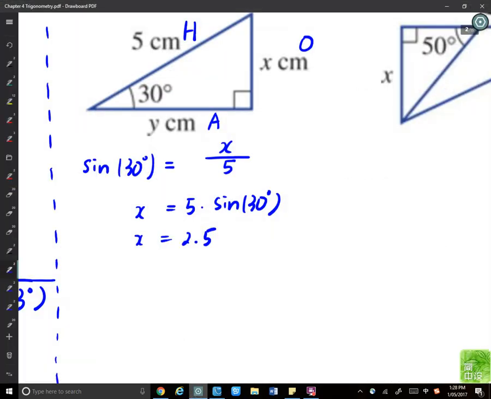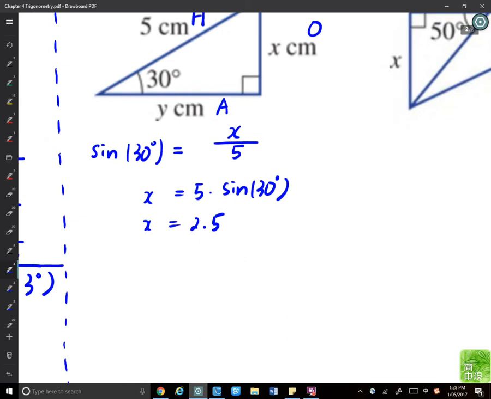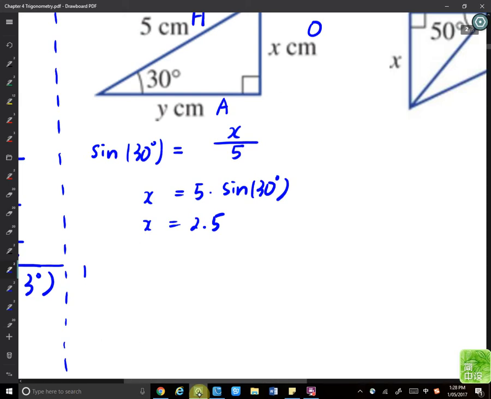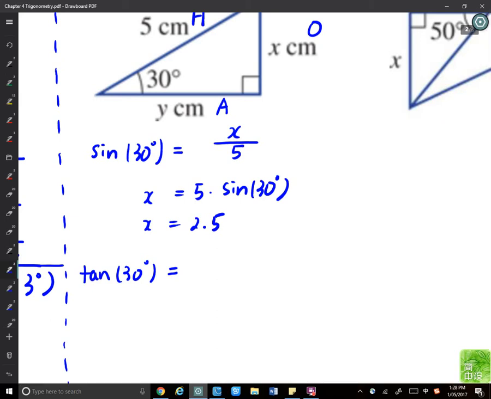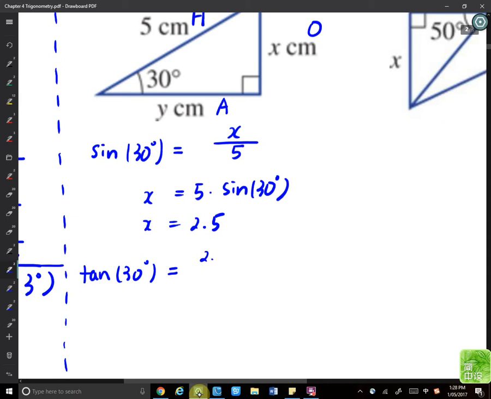After this, I can use tangent or cosine. Let's see if I use tangent now. Tangent 30 will equal opposite over adjacent. So opposite is 2.5 over y.